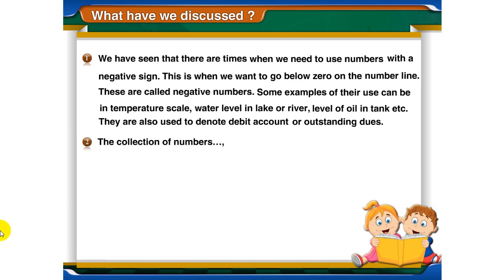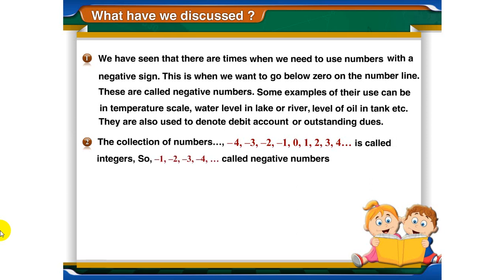2. The collection of numbers minus 4, minus 3, minus 2, minus 1, 0, 1, 2, 3, 4, and so on is called integers.